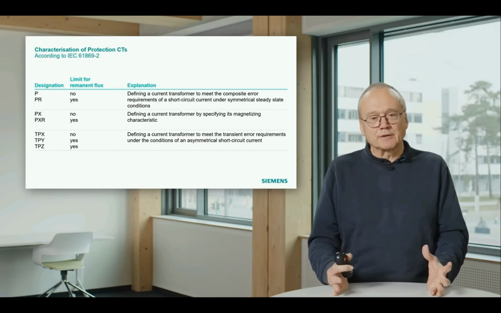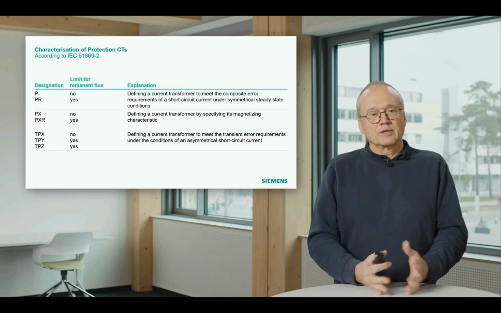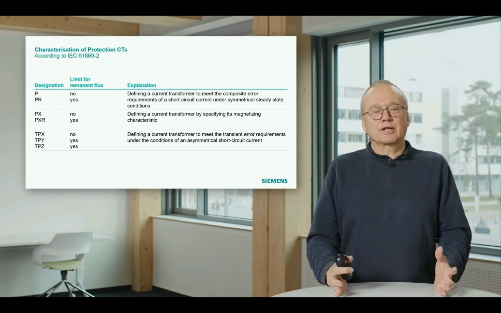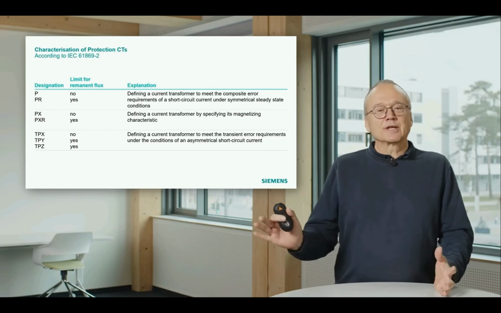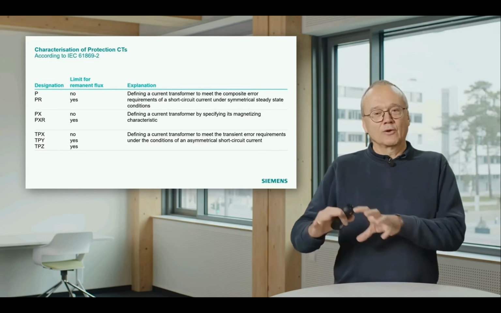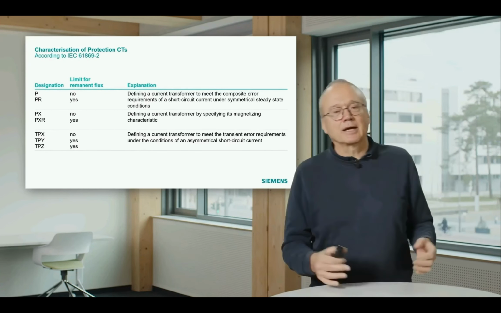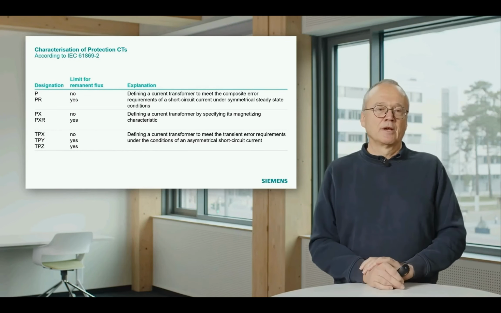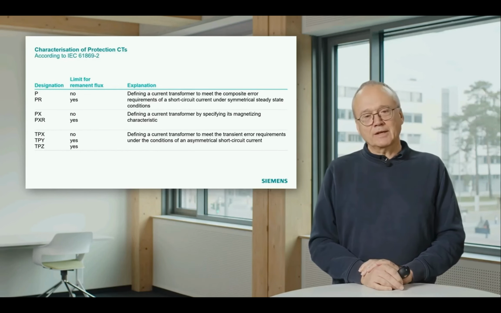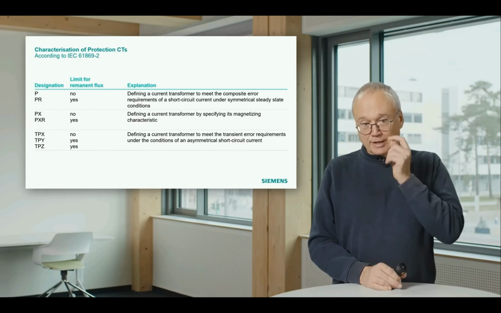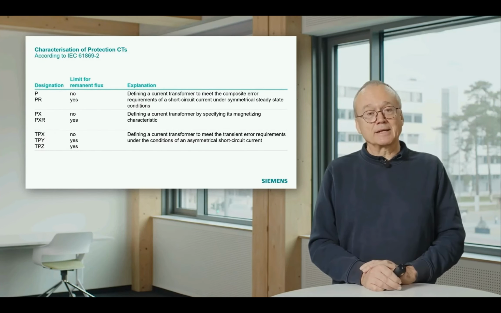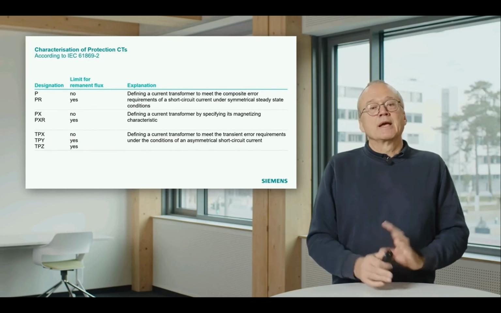They are not physically different. You can take a TPX-class current transformer, ignore all the definitions for the transients, and the remaining part are the accuracy limits for the steady-state conditions. So, as I said, in the following examples, I will refer mainly to P-class current transformers.